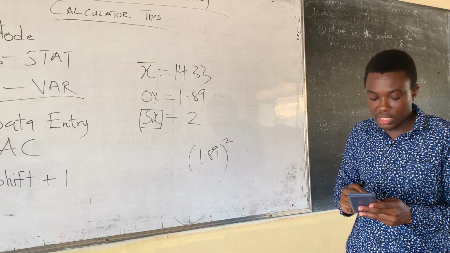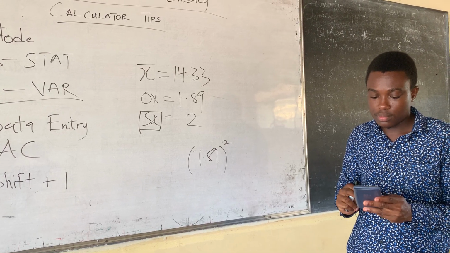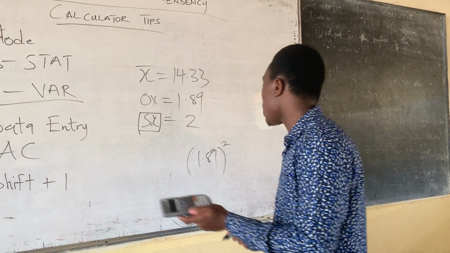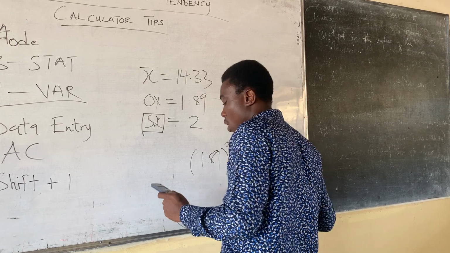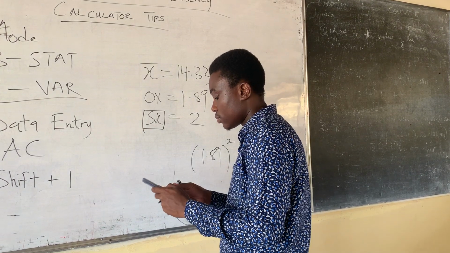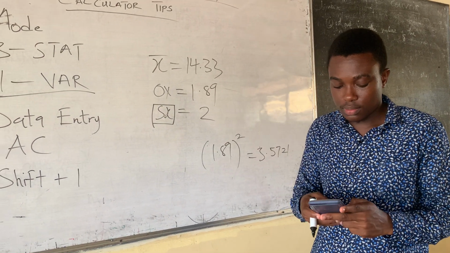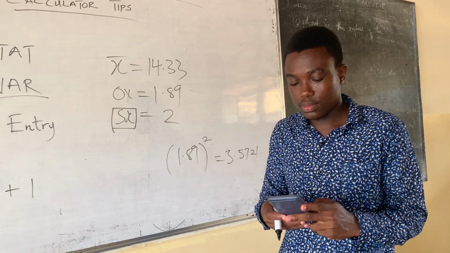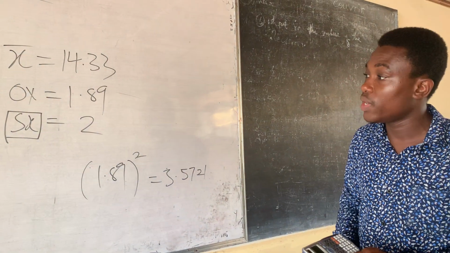So 1.89 squared gives us 3.5721. So yes, this is the value of our population variance.